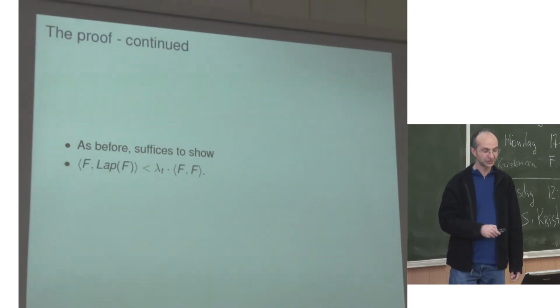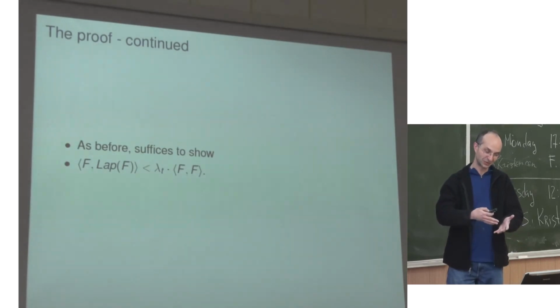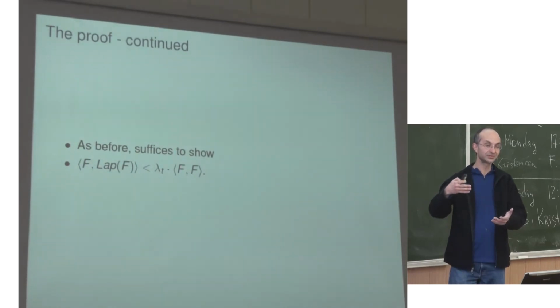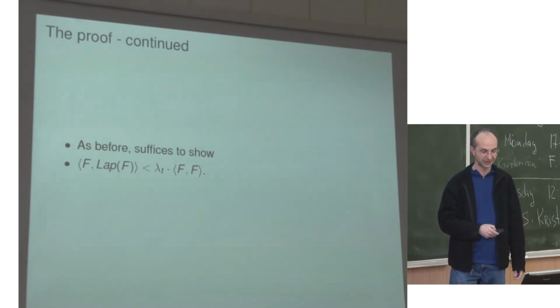And again, it suffices to show that the inner product of F is sort of the eigenvalue of F. When I apply the Laplacian, the inner product of F grows by not too much, by at most lambda t, our smallest eigenvalue of the simple functions, times the norm, right?